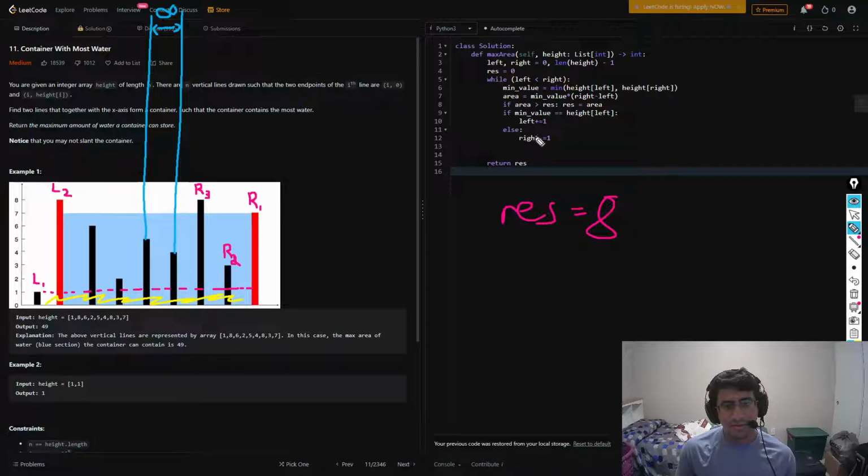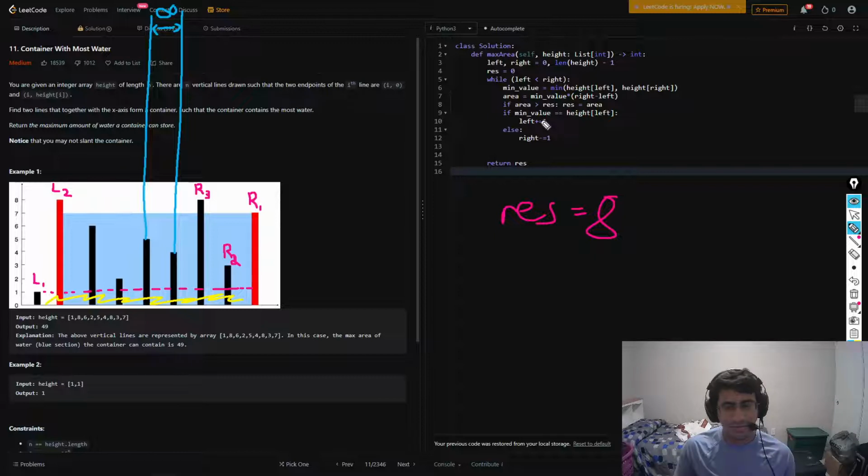Otherwise, we're just going to decrement the right. The idea here is that min, when given two arguments, it doesn't really matter which one will be less. It might be height left, or it might be height right, but it actually doesn't matter if they're equal, because it doesn't matter which way Python interprets this.